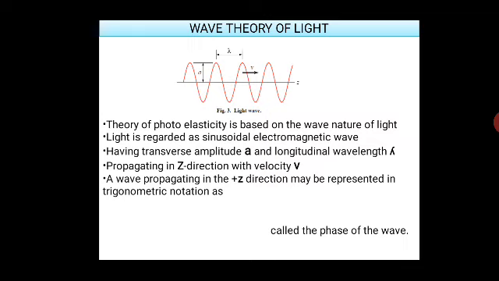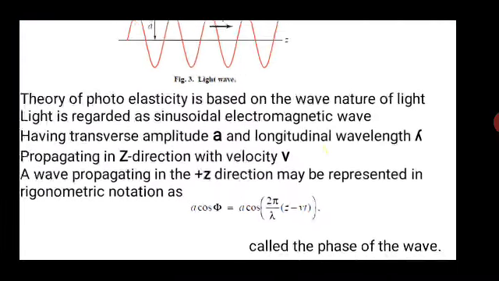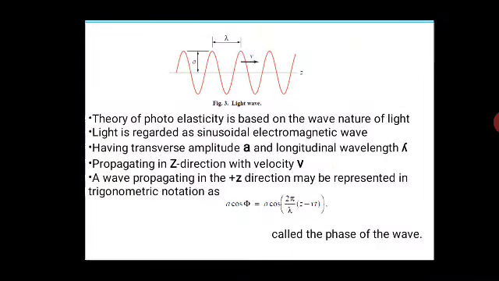A wave propagating in the positive direction may be represented in trigonometric notation as a cos phi is equal to a cos 2 pi by lambda into (z minus vt), where phi is equal to 2 pi by lambda into (z minus vt), which is called the phase of the wave.